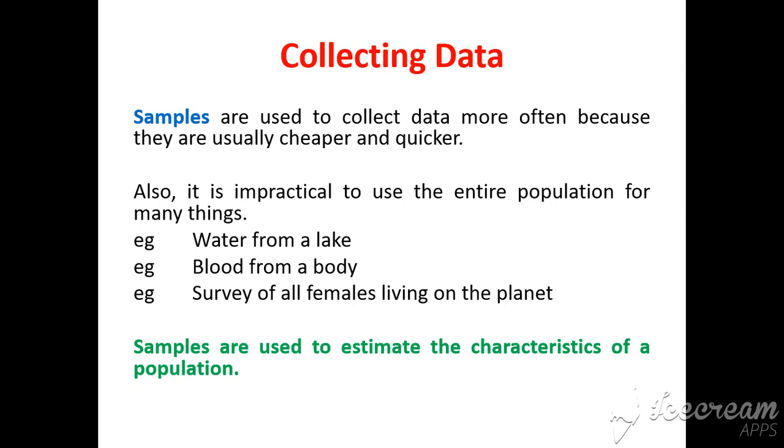Also, it's impractical to use the entire population for many things. Imagine trying to test water from a lake and taking every drop of water out of the lake. Imagine taking every drop of blood out of a human body to test the blood. Imagine trying to survey every female living on this planet. So, samples are used to estimate the characteristics of a population.